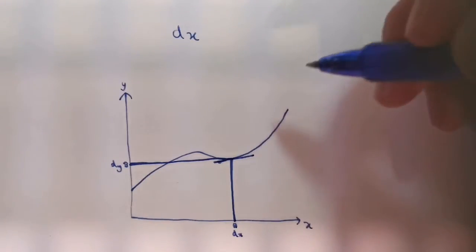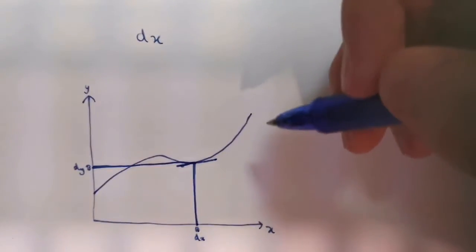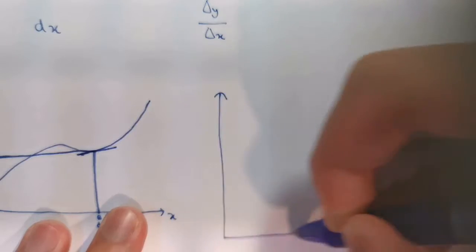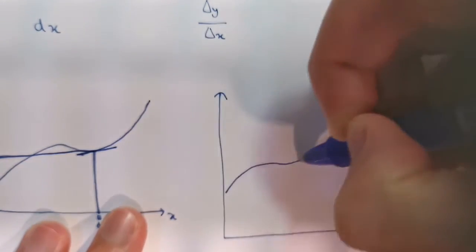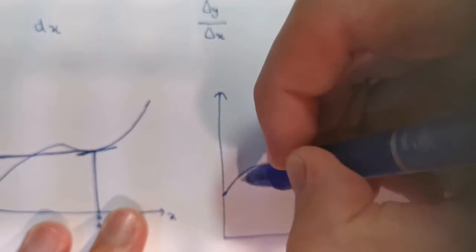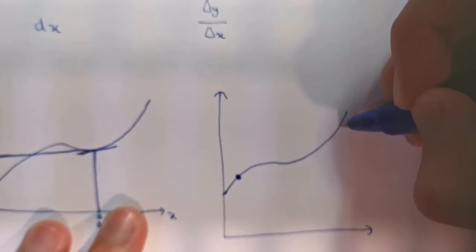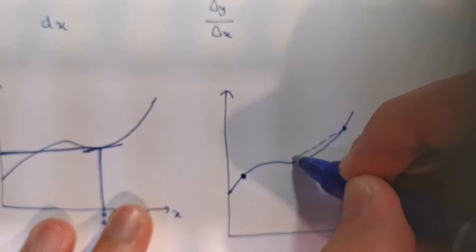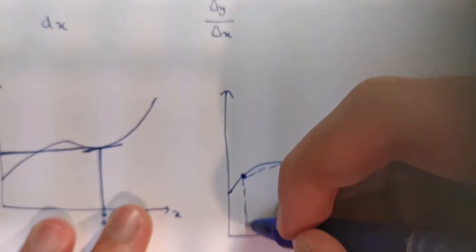So let me link it to what you already know. You all know about delta y over delta x, right? Delta y over delta x is like this. You are given a graph and 2 points. Then you connect the 2 points.